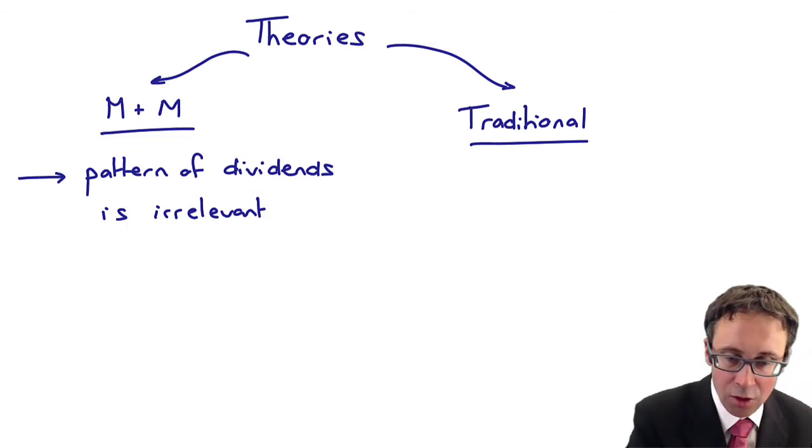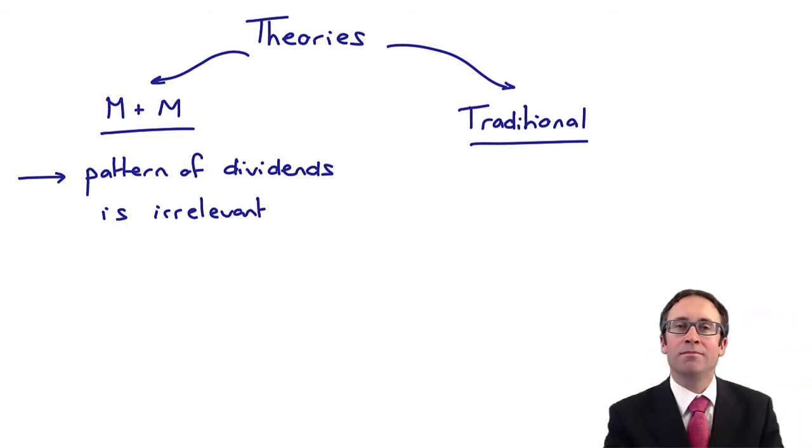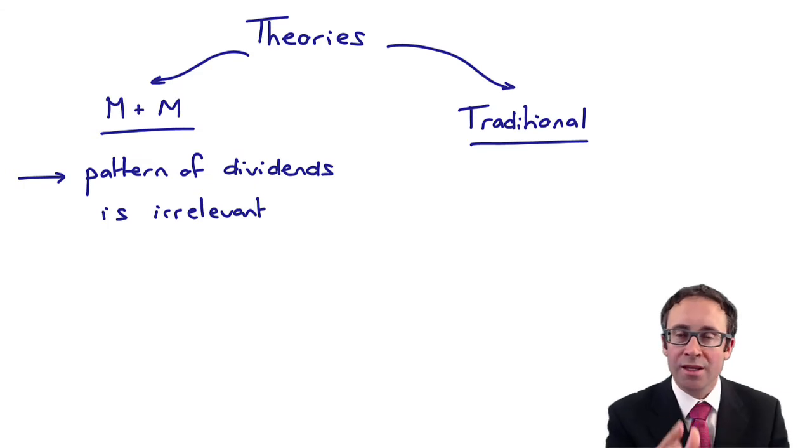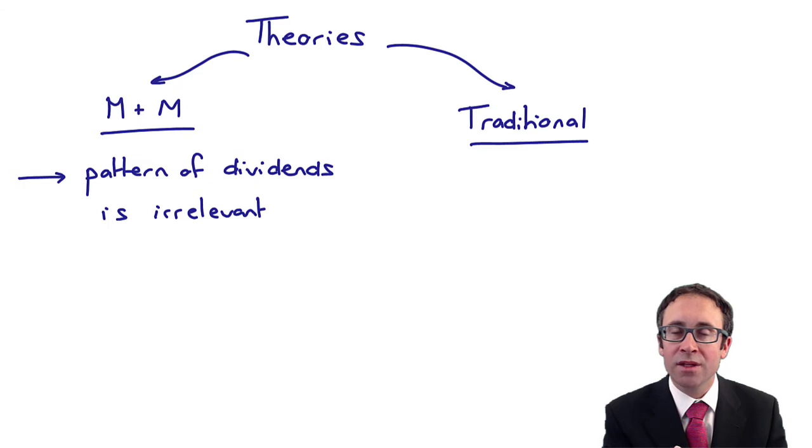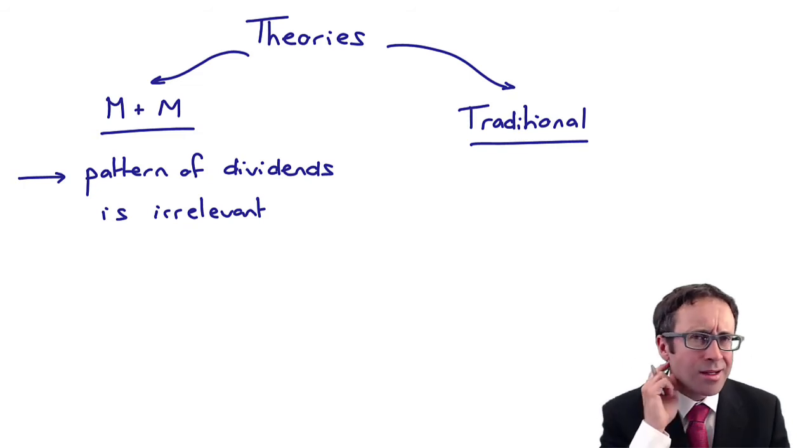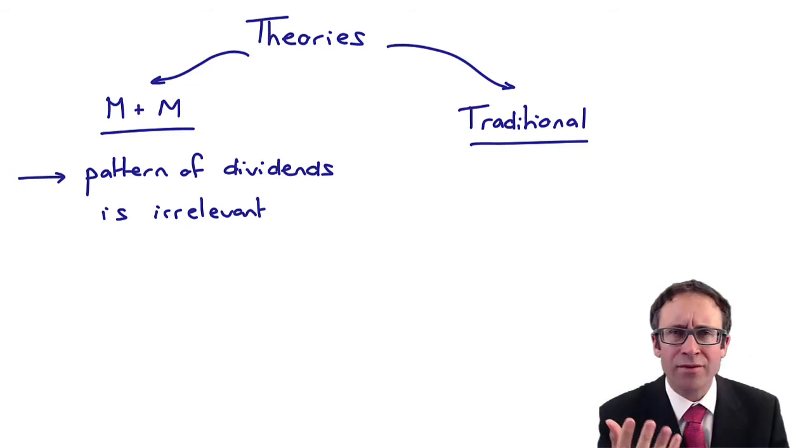So when we're looking at paying out a dividend out of our business's earnings, it doesn't matter what the level of the dividend is from one year to the next. The shareholders will be indifferent, and if they are indifferent about that level or pattern of dividend, then the share price will not be changed. Okay, let's just explain that in a little bit of detail.